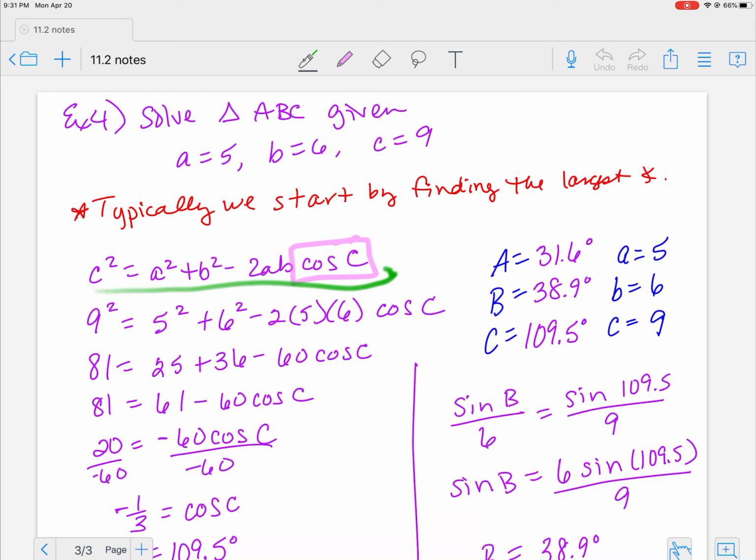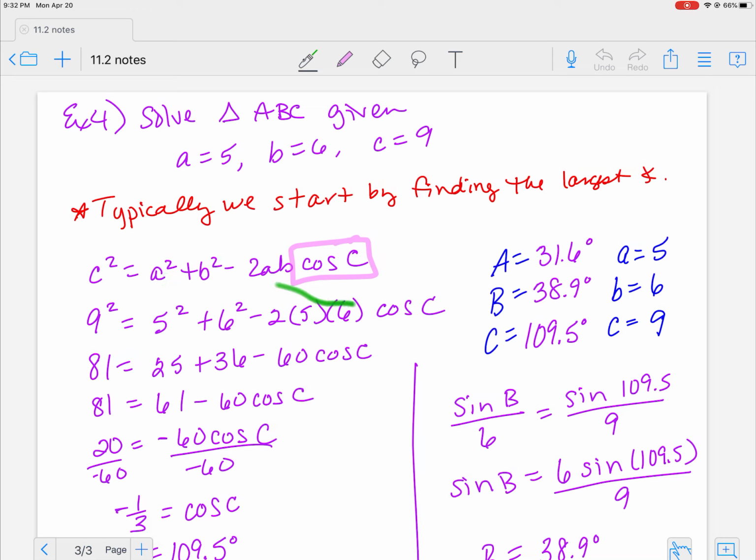It's going to take C squared minus A squared minus B squared divided by negative 2AB, and then you're going to come up with that. Then plug in all your values and figure it out. Or you can plug in all of your values and just work with numbers to pull that off.